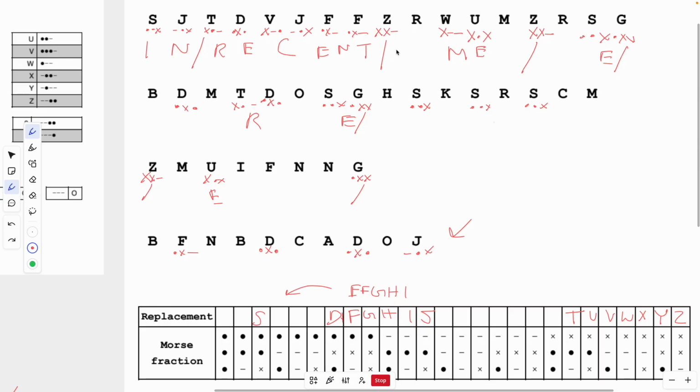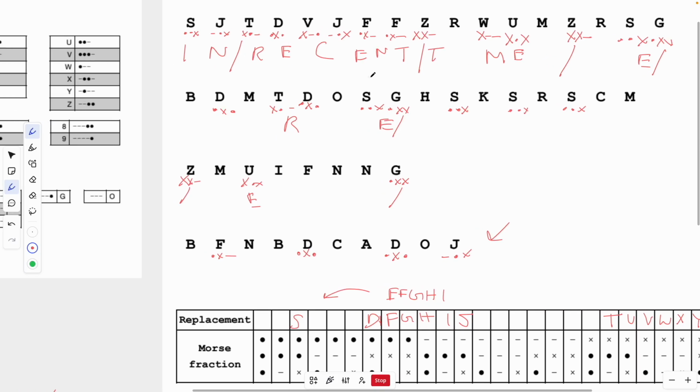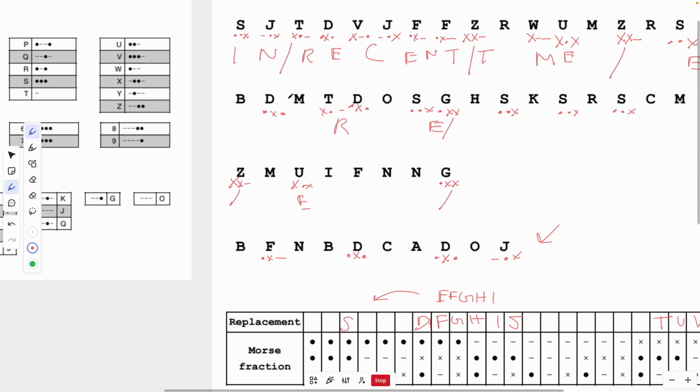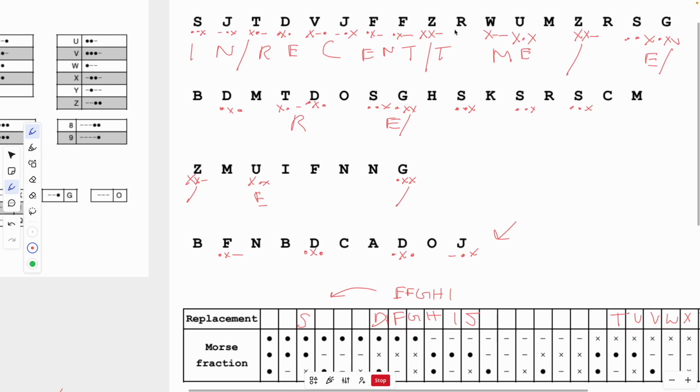That makes sense, because T is just a dash. R would have to be an X, and for I it's two dots. That fits perfectly, because you have T X I X M X E, and then S is three dots, so that also fits. So this is probably correct.